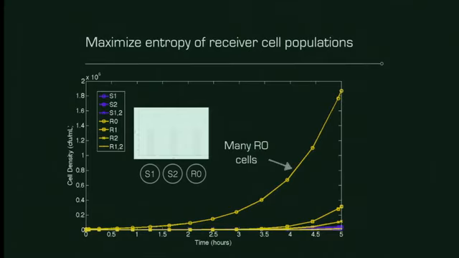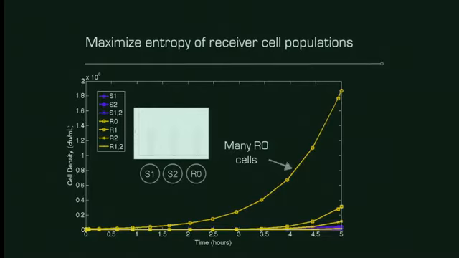And this is just because the receiver cell populations grow slightly faster than the sender cells. And further, we see that the R0 state, so these are the receiver cells that have not received any message, are really overpopulating, or winning, if you will, the race at some specified point here. It's just 5 hours.